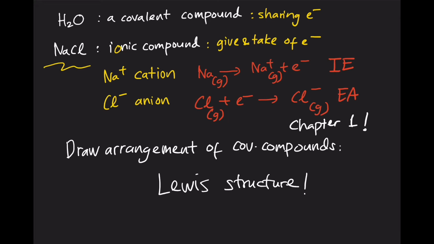So for instance, we have H2O. We have H, O, and H. How do we draw the Lewis structure of this so that we can see how the electrons are being shared among these three atoms?